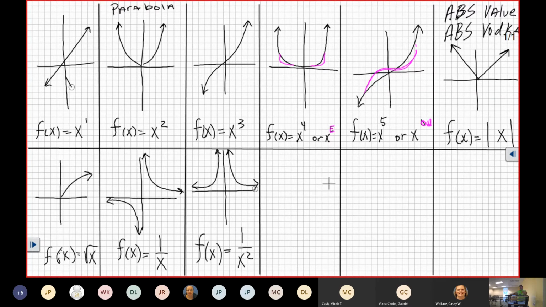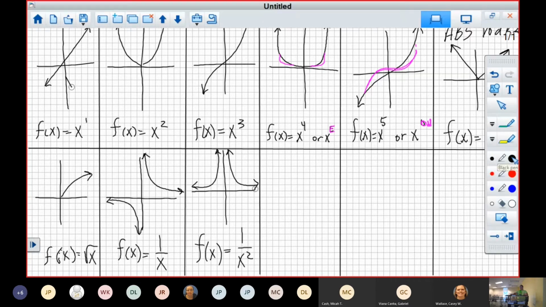This is a very important sheet. I would not lose it. You're going to see it again in calc. Especially with the logarithms. These 3 down here, you're going to see a lot of them. All right, so with that being said, let's move on to the next page.